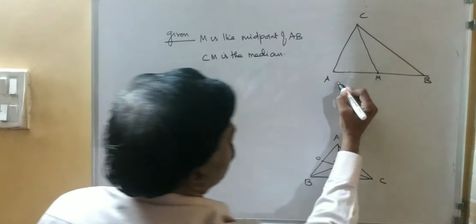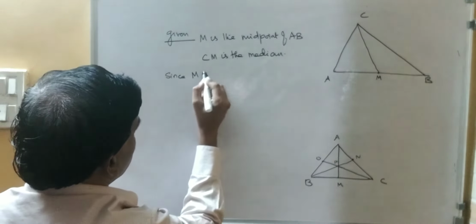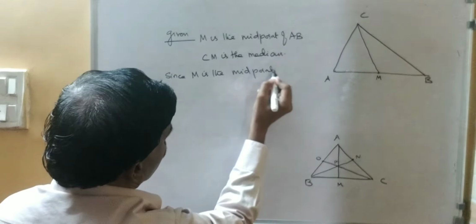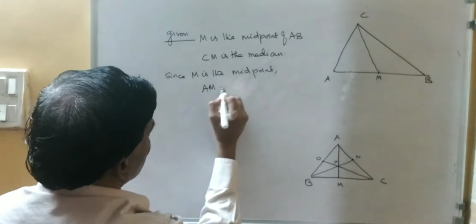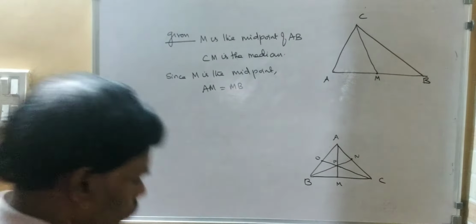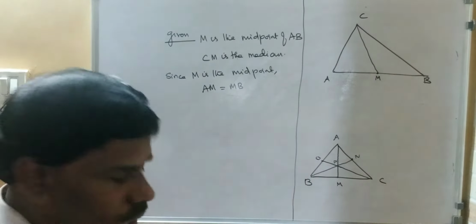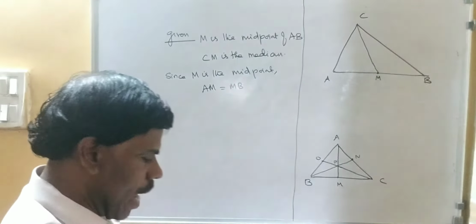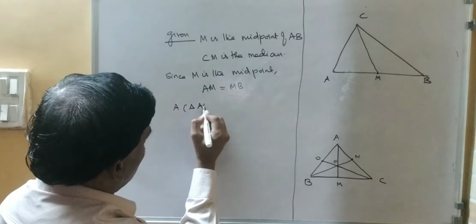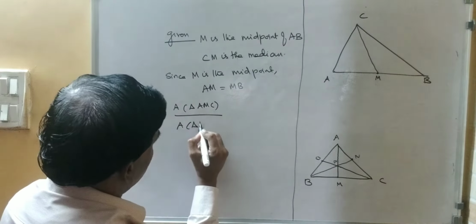Now that means since M is the midpoint, AM equal to MB, right? Now they are asking you to find the ratio of the area of two triangles: area of triangle AMC upon area of triangle BMC.